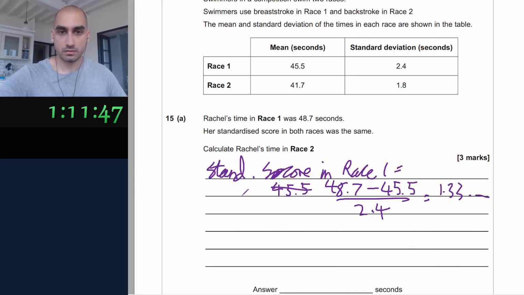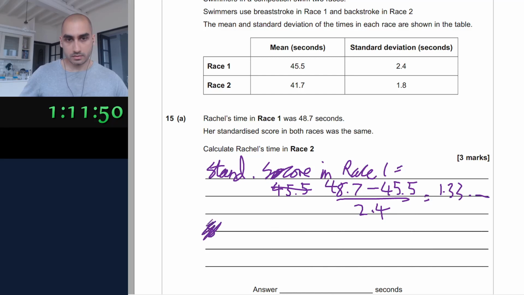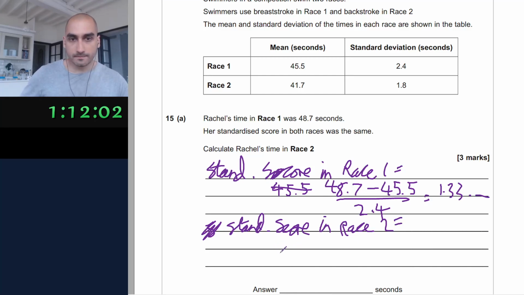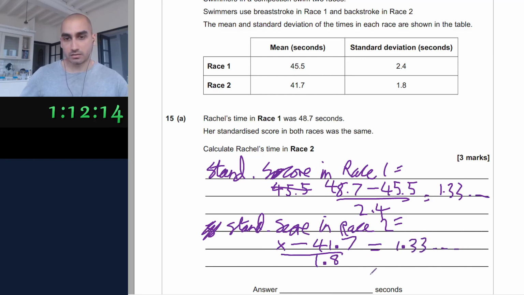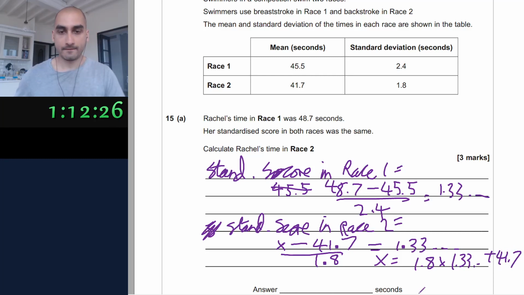So standardized score in race 2 equals x minus 41.7 over 1.8. But we know that equals 1.33. So x equals 1.8 times 1.33 plus 41.7.